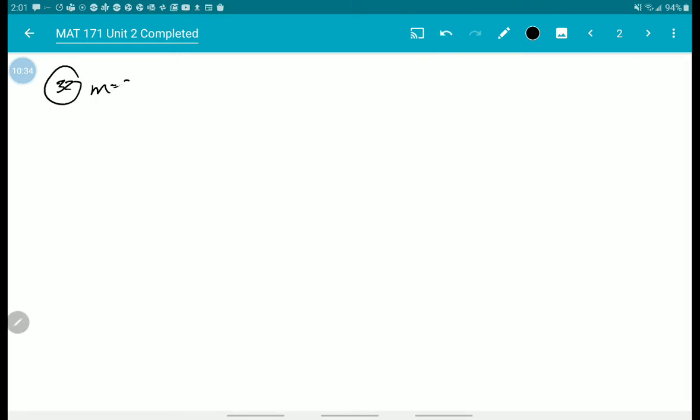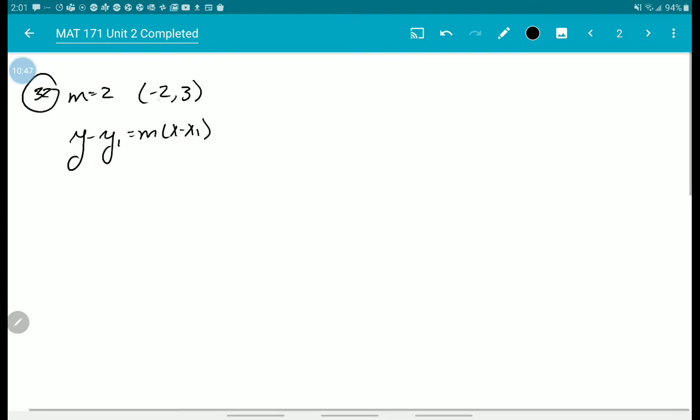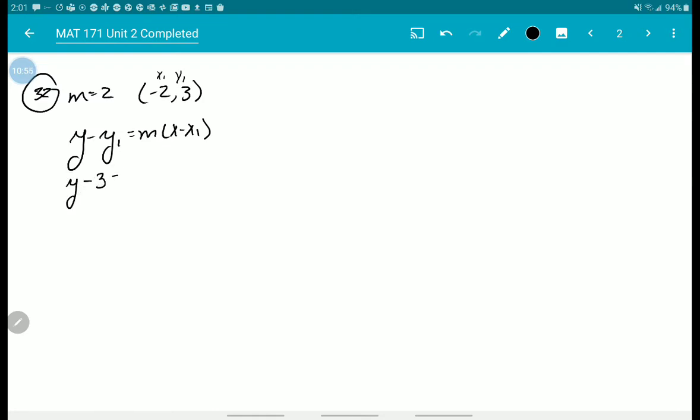So we know the slope is 2 and the point is (-2, 3). This is where we're going to use that point-slope formula. So we're going to substitute in everything we know. This is our x1 and our y1. So if we substitute in, y1 is 3, slope is 2, x1 is -2.